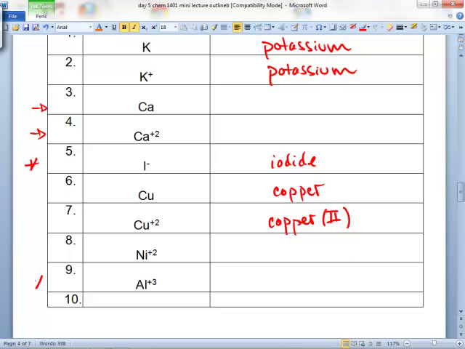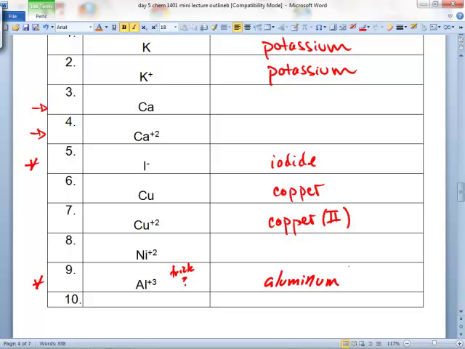How about this one? This is a trick question. There aren't very many of these, but this is a trick question. Victoria. You got the trick question. Al plus 3. Yeah, how did you know that? According to our little rules, you look for it in group 1 or 2.